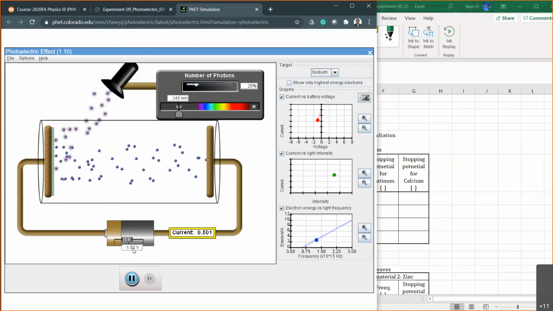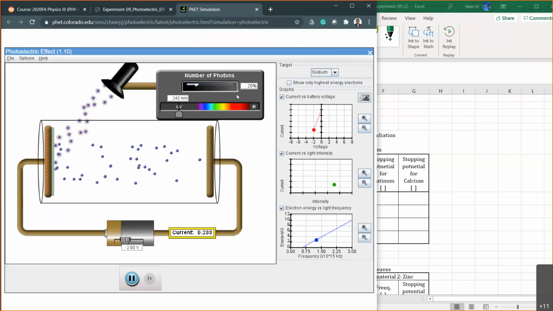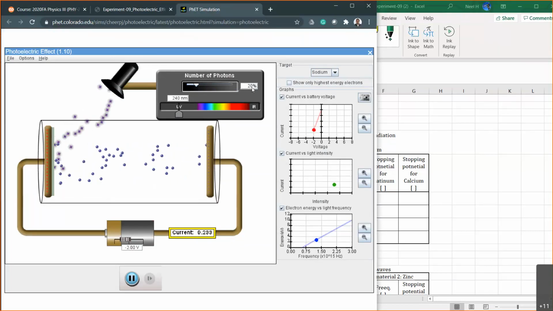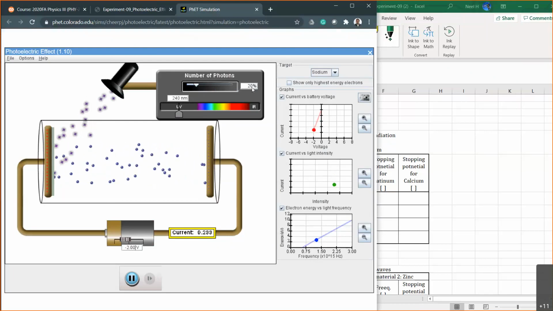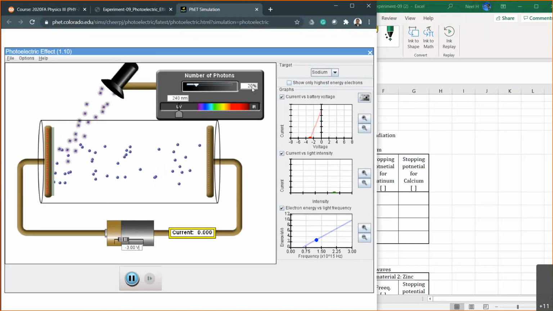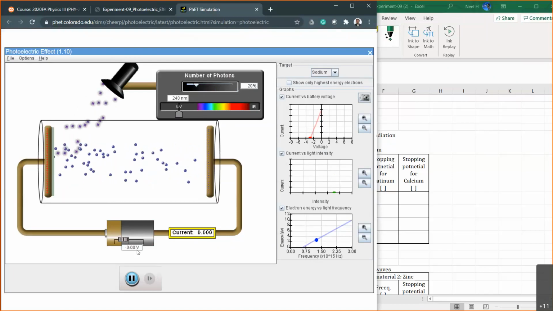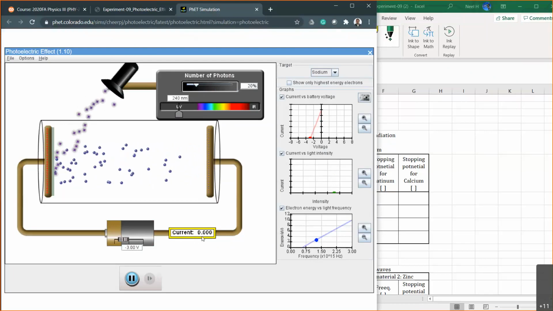Now all I have to do is change this number slowly. Make sure you're checking this percentage right here, because if it starts to change, then it's not meaningful at all. Okay? Keep track of that, and at the same time increase the applied voltage, and you can see when I reach about 3 volts, the current becomes 0.